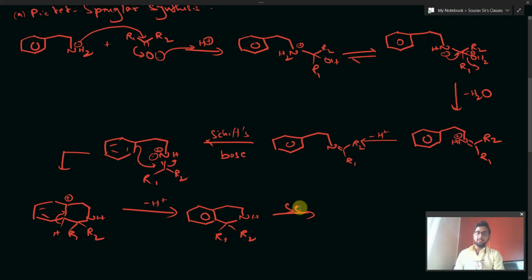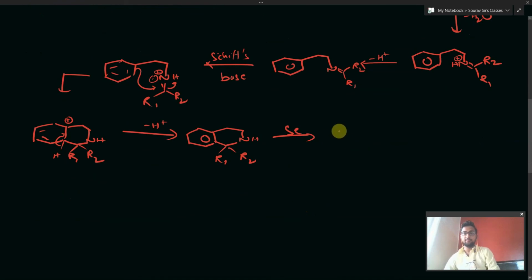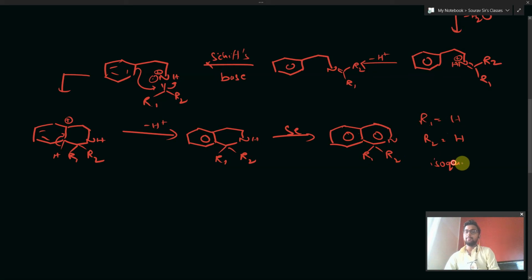So what would happen is the ring would be aromatized. Okay, so here the derivative of isoquinoline is formed, and if you take R1 equal to H and R2 equal to H, then we will be getting isoquinoline directly.